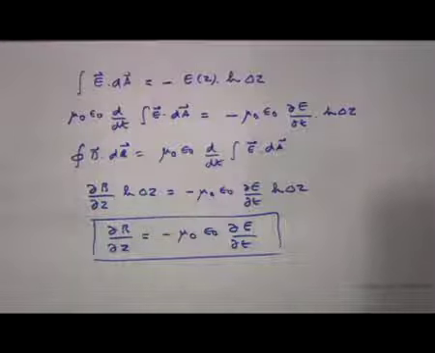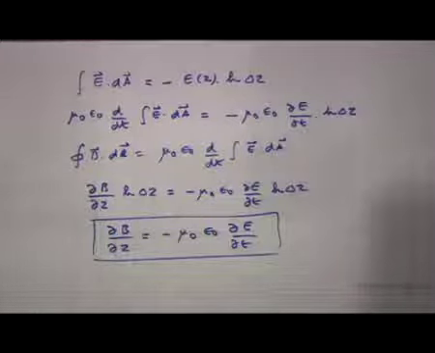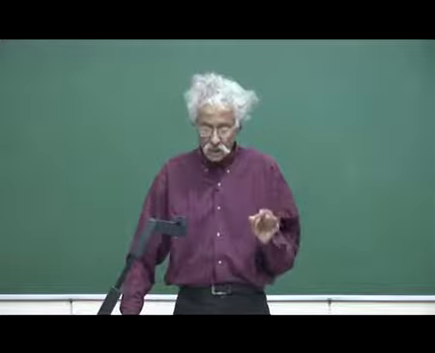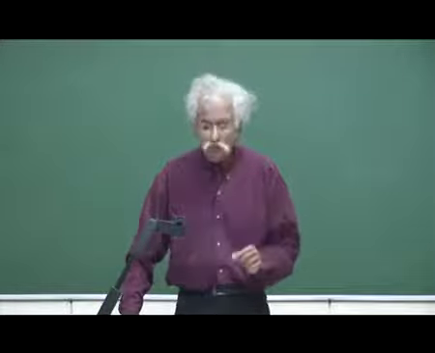So, just like I had an equation relating del E by del z and del B by del t, I have another relationship between del B by del z and del E by del t. If the solutions which I have written have to satisfy the generalized Ampere's law, then the electric and magnetic fields must satisfy this equation.